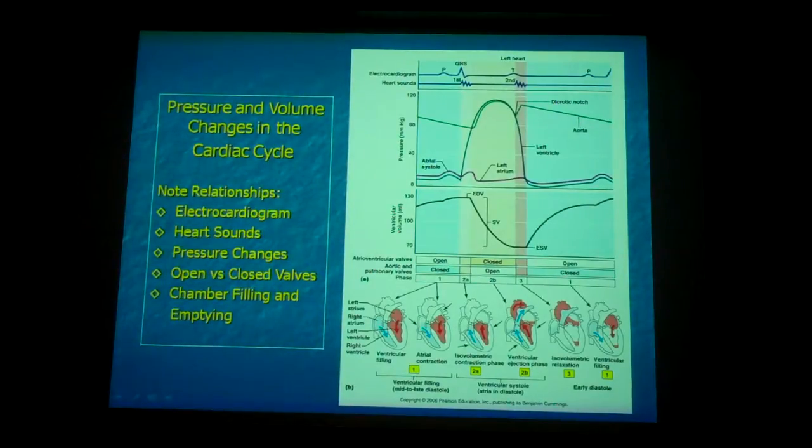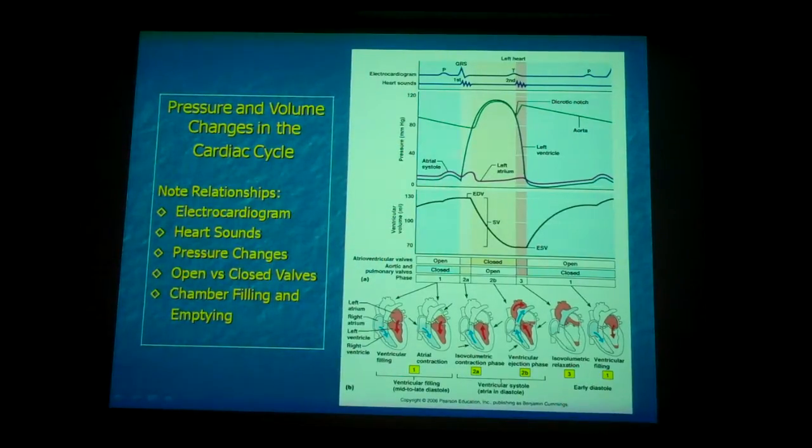And in this diagram right here, it's reading 130 milliliters, isn't it? We're reading millimeters of mercury pressure here. We're reading volume down here. So 130 milliliters at the beginning of ventricular systole. In other words, this relates to this.